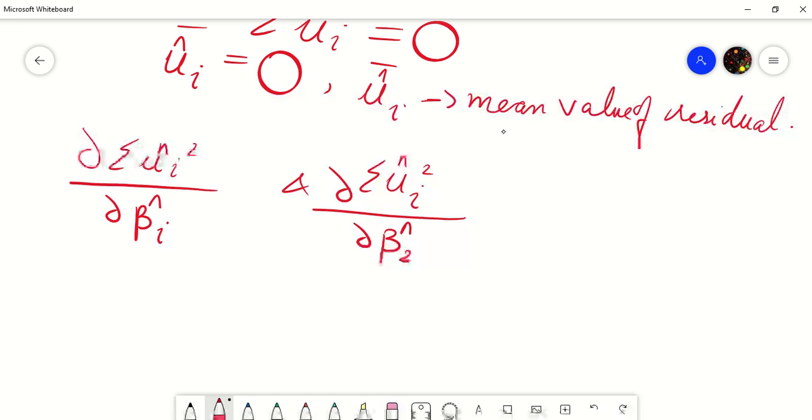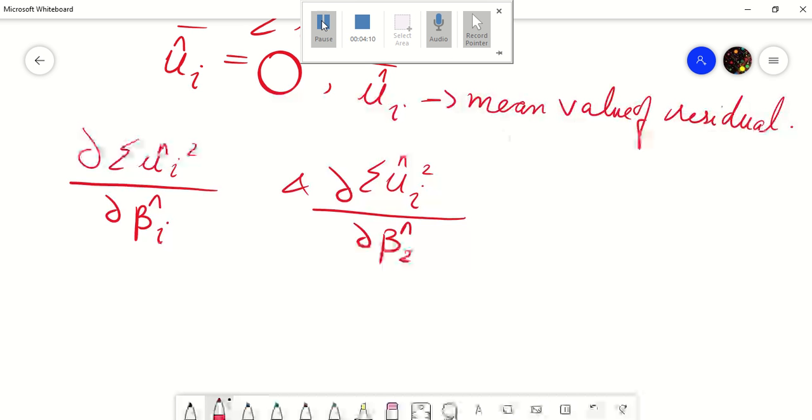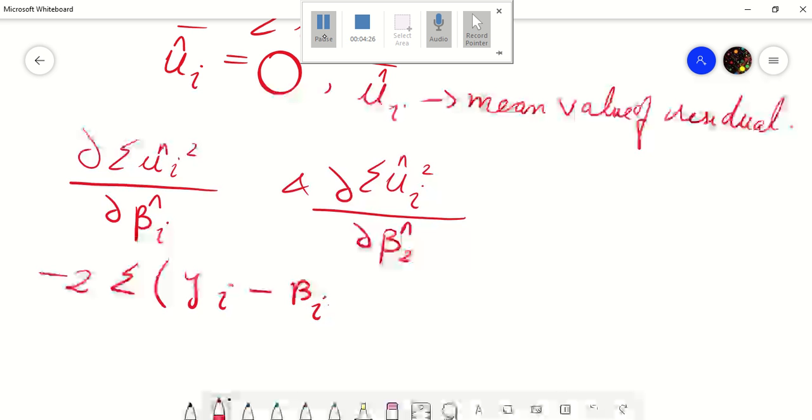Now if you do this, in one of the steps we get this equation, that is, minus 2 summation yi minus beta 1 hat minus beta 2 hat xi equals 0.